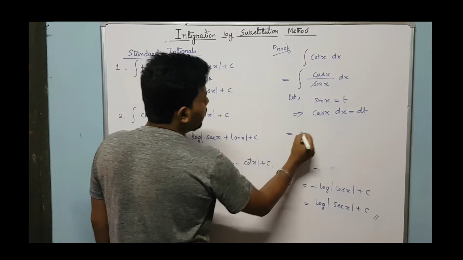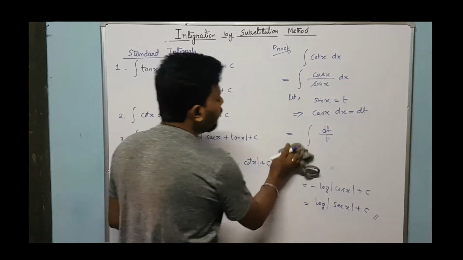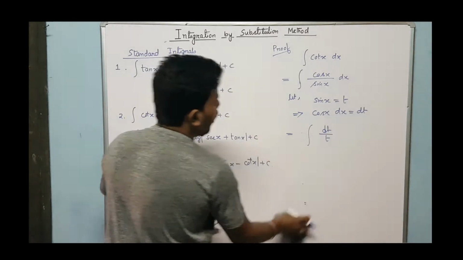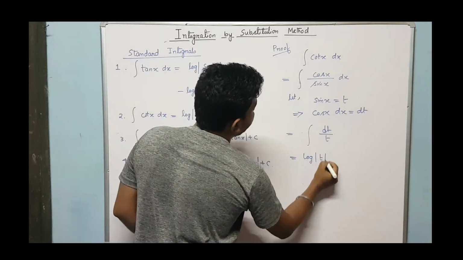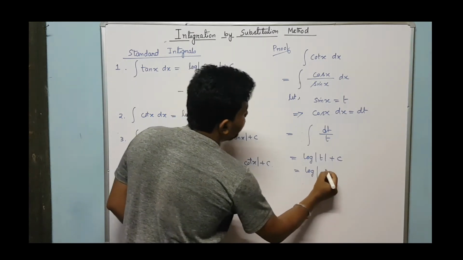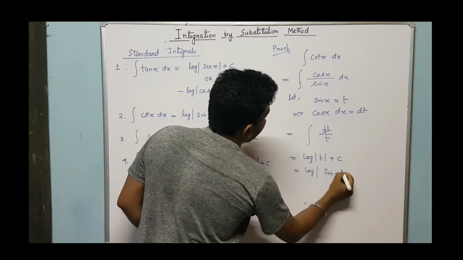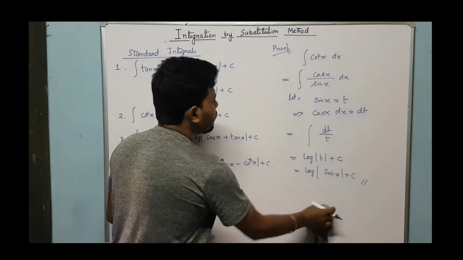Therefore the integral becomes dt by t. We know if I integrate dt by t, I will get log of mod of t plus c, that is log of mod of sin x plus c. This is your number 2.